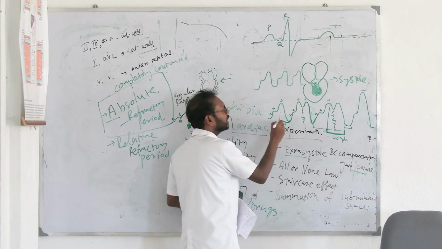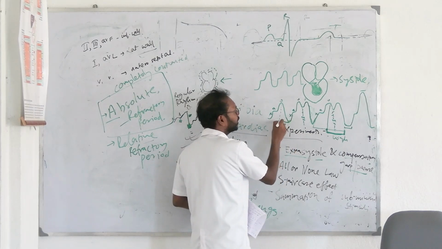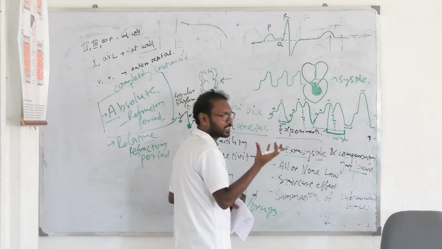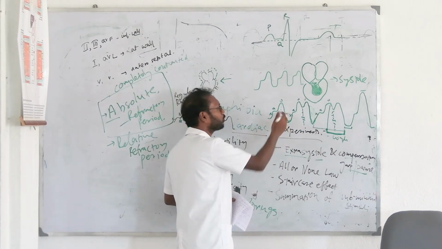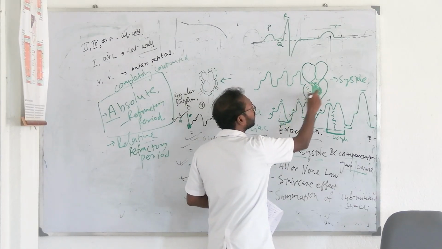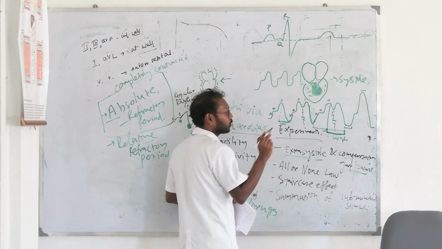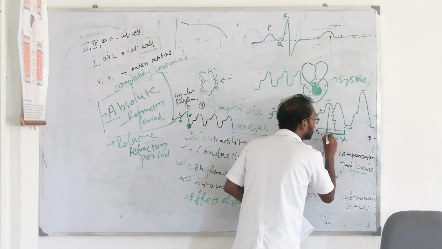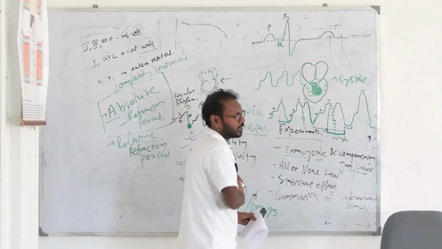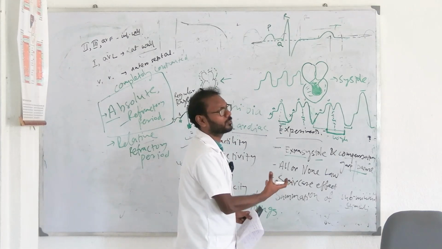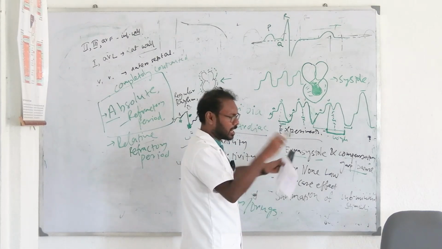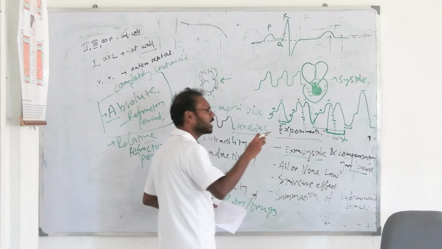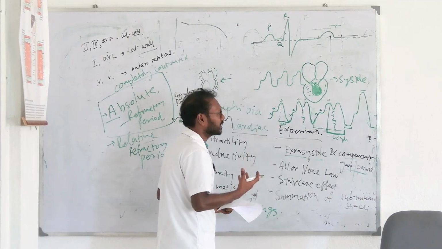So when there is less period of ventricular dilation, there is a normal amount of blood accumulating in the ventricles. But whenever this refractory period is high and the ventricular diastole is high, so the ventricle is dilating for a longer period of time, it accumulates more blood than necessary.